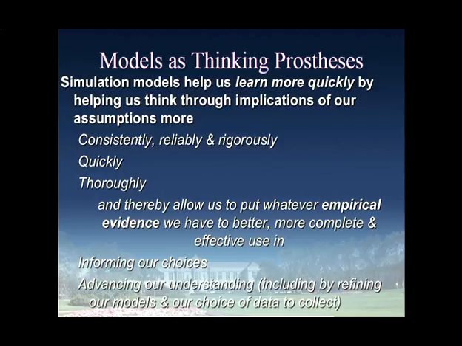We can spot more quickly than if we had our theory in our head when there's a fly in the ointment, when there's a problem in our theory. There's an inconsistency between what we think is going on out there and what's actually observed. By helping us spot those inconsistencies, models can be most valuable. They help us to spot the flaws in our thinking.